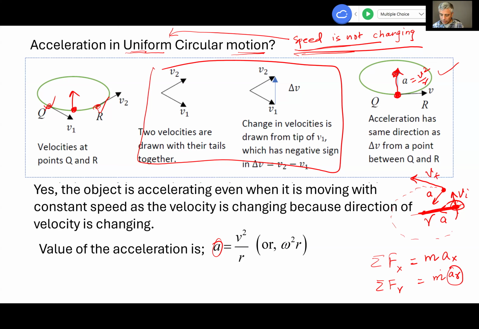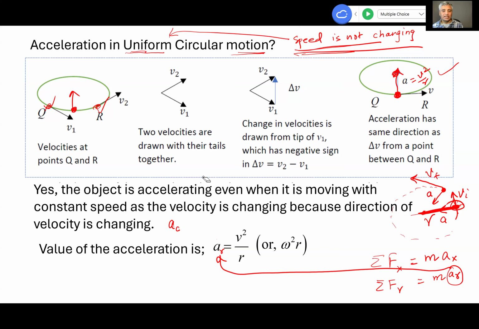So that's why this acceleration is also called radial acceleration. And you may see there is subscript R sometimes, or there may be subscript C, also known as centripetal, because it's pointing towards the center. Okay. Remember, it points exactly towards the center when speed is not changing, but the overall acceleration of the object could be pointing slightly off from the center when speed is also changing, when the object is moving in part of a circle.